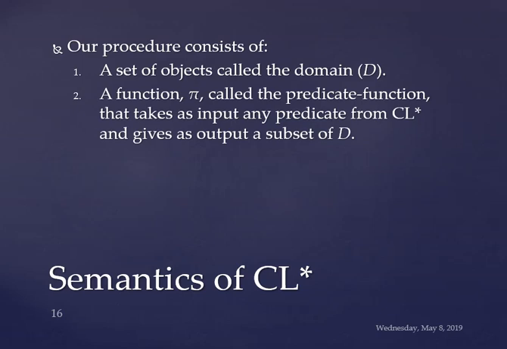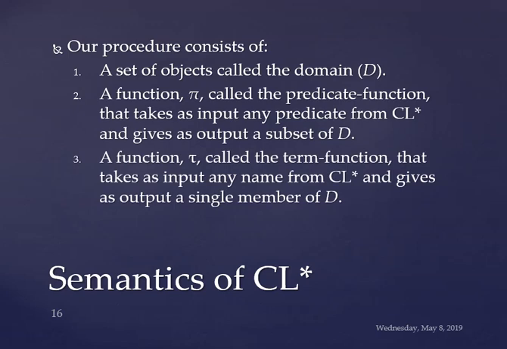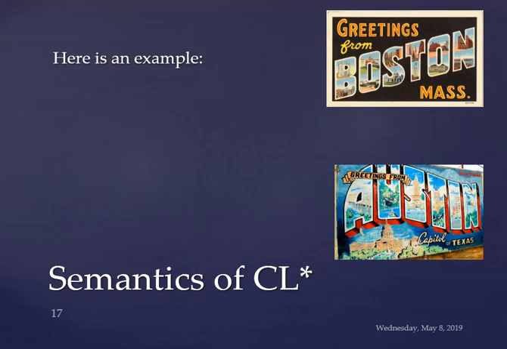Subsets are always a part of sets. It's a rule of set theory if you didn't know. Then we introduce a function using the Greek letter tau called the term function that takes as input any name from CL star and gives as output a single member of the domain. Note, single member.